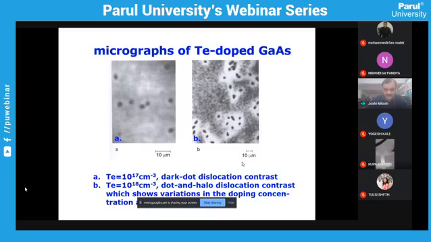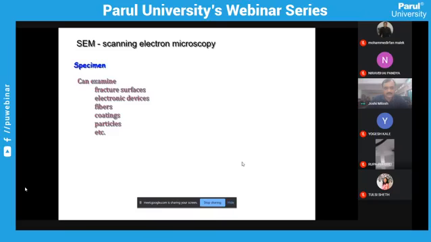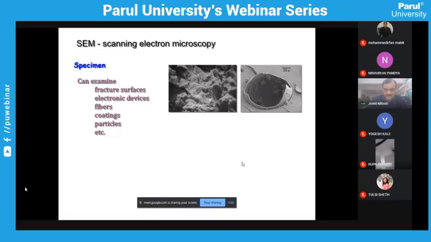So you can identify the dislocation concentration from the second image. By using the scanning electron microscope, we can identify fracture surfaces, electronic devices, fibers, coatings, particles, etc.